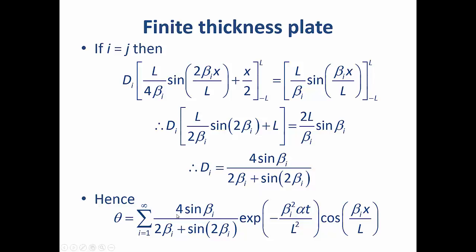So in other words, our overall solution is theta equals the sum from 1 to infinity of this 4 sine beta i over 2 beta i plus sine of 2 beta i times the exponent of minus beta i squared alpha t over L squared times the cos of beta i x over L, where each of the beta i's are given by the root of the equation that beta tan beta equals the Biot number. And that clearly means that the values of the beta i are not entirely trivial to obtain.